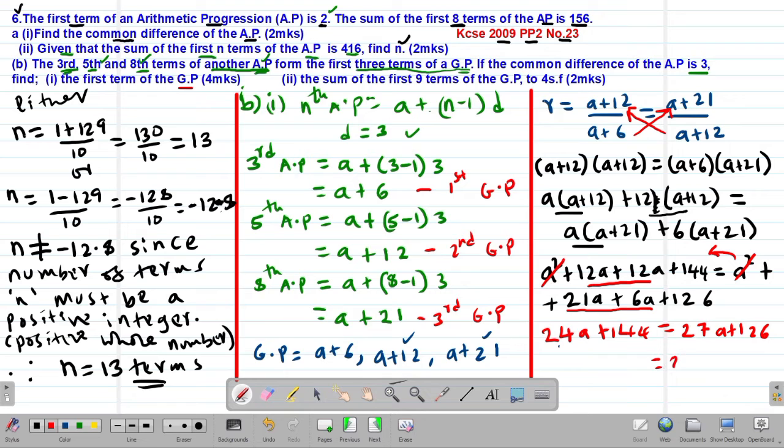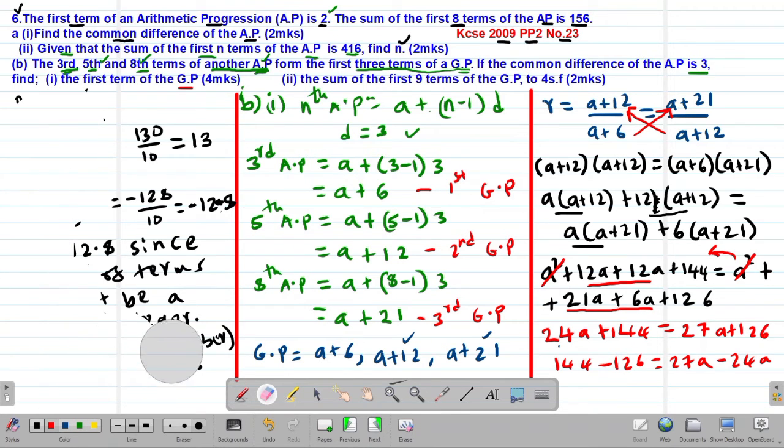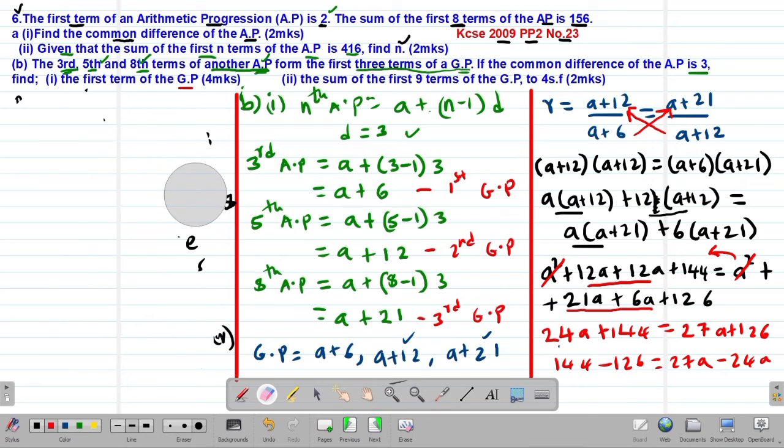Then I'm going to collect the like terms. So I'm going to have 27A minus 24A being equivalent to 144, then minus 126. So we are going to end up with the following. Let me clean this area here so that we can use it to complete our working to find the value of A. So 144 minus 126, I'm going to get positive 18, being equal to 27A minus 24A, I'll get 3A.